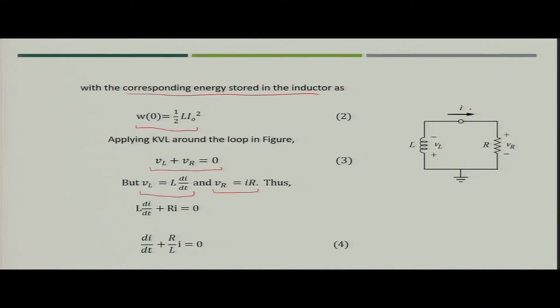So we can write L di by dt plus R i equal to 0, or di by dt plus R by L into i equal to 0.